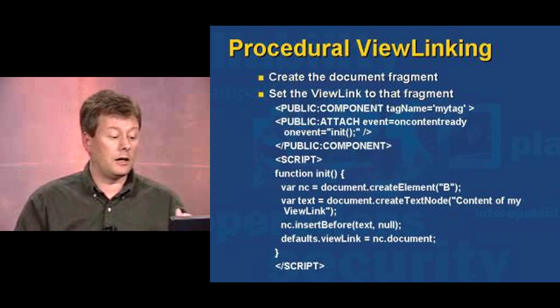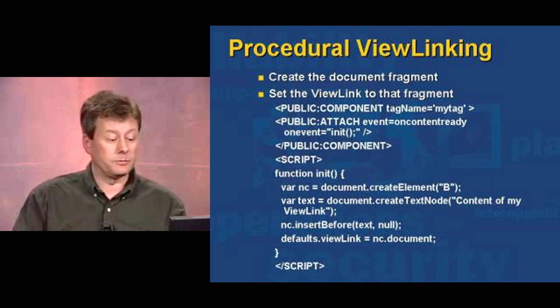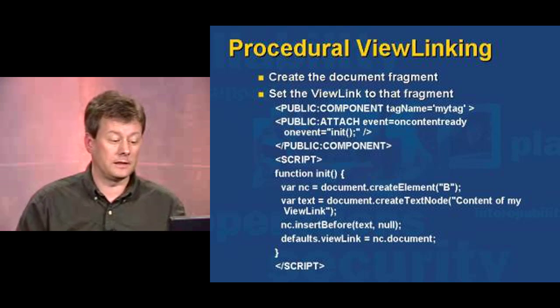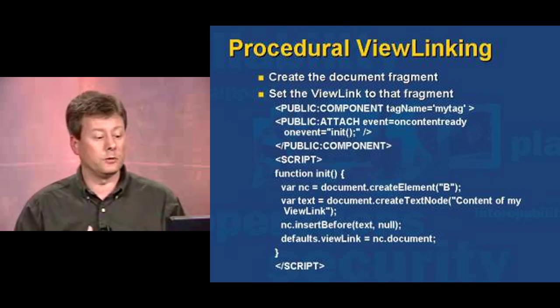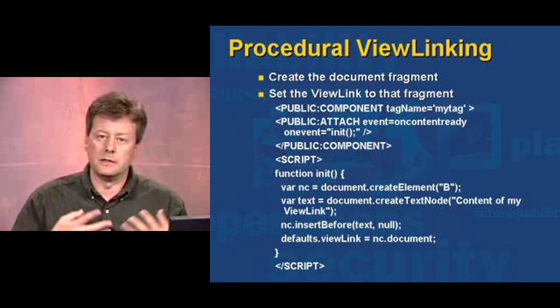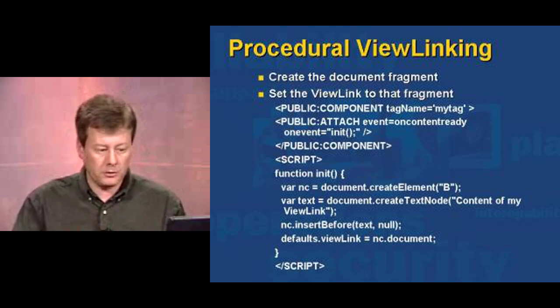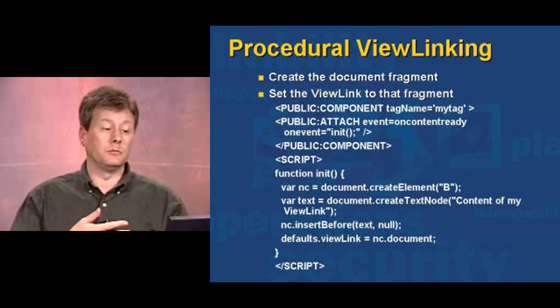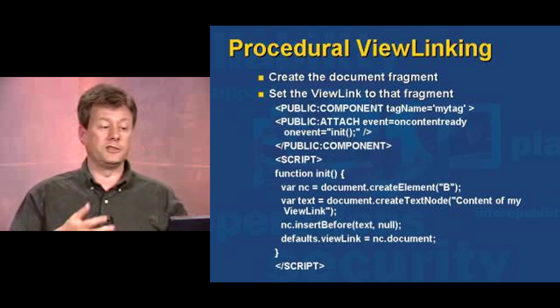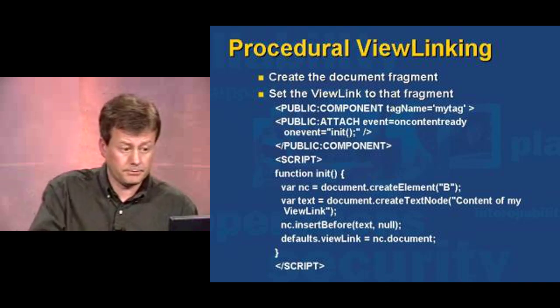Then off the defaults object, we simply refer to that document fragment as being the viewlink for this defaults object. Therefore, the content that we've just created turns up and is displayed as the display for this element behavior. So you have the choice of doing view linking either declaratively or procedurally, depending on the particular application that you're trying to build.